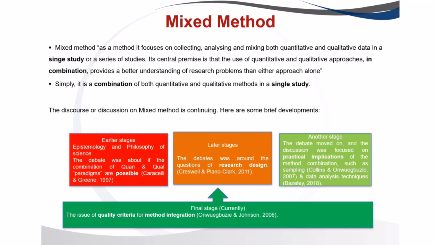But currently, the issue is quality criteria for method integration. When you look at mixed method, it's about integration. Integrating this methodology, both quantitative and qualitative. How are they being integrated?